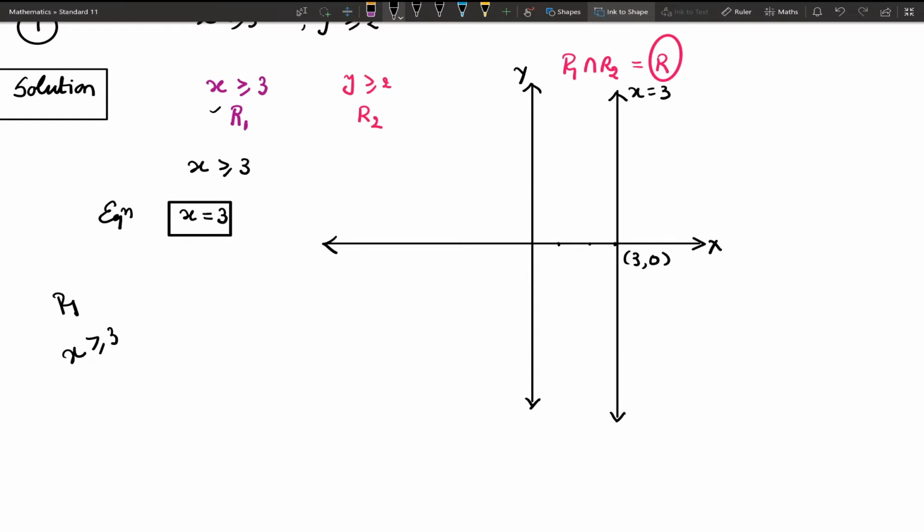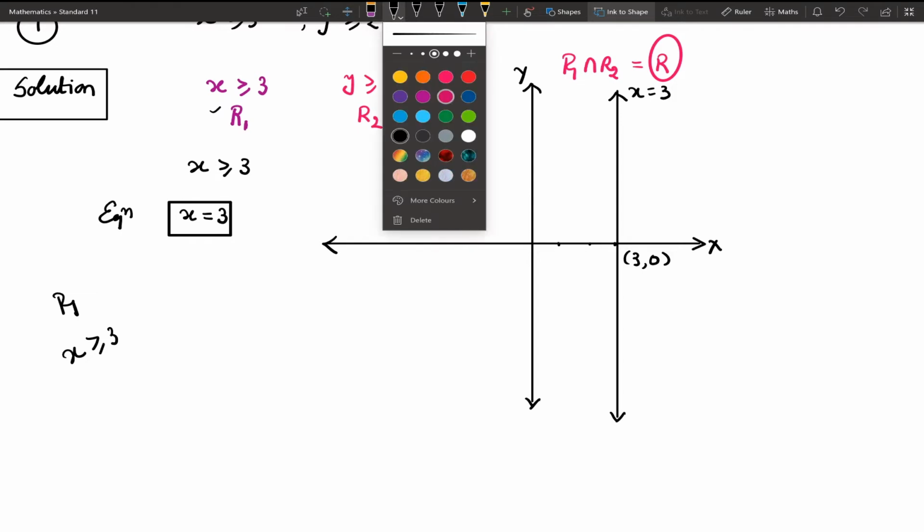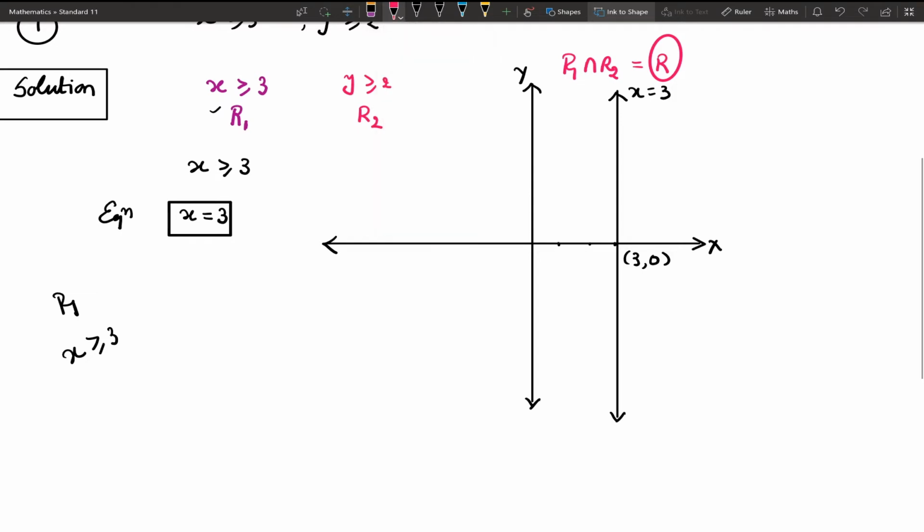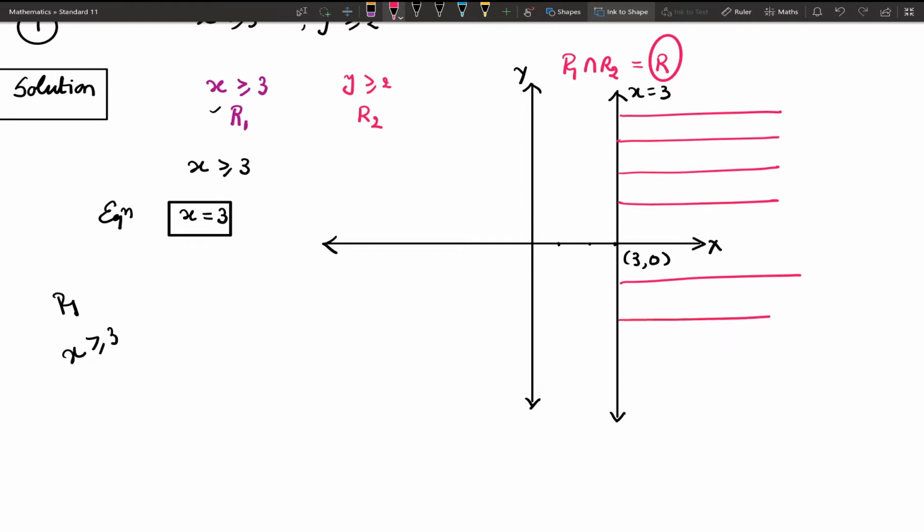So x is greater than or equal to 3. Equal to means points of the line, and x greater than 3. In this region you can observe x is always greater than 3. So this is the region R1, in which x is greater than or equal to 3. Equal to means points of the line.